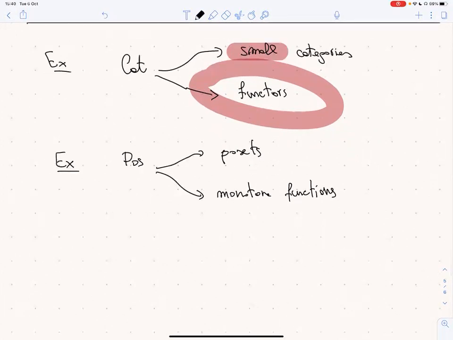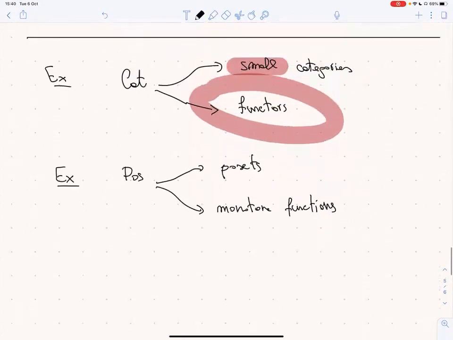Notice that a poset itself can be seen as a category, while the class of all posets is a category per se. So category theory can be used to describe very small things like a poset, or very large things like the category of posets itself. The same with Cat, which we will describe a little bit better later.